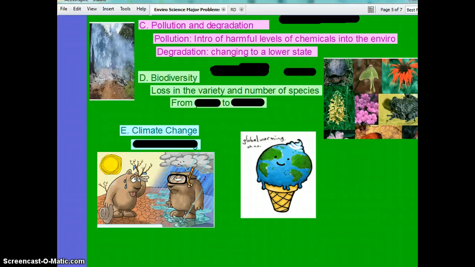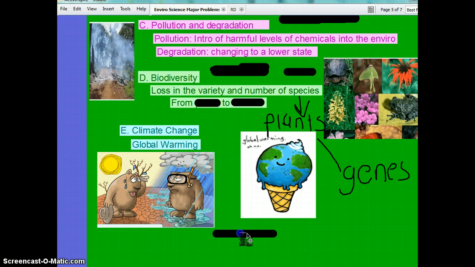Not just species, but what else? Plants. Plants are a species. It's not just animals, it's also plants. It's also genetics, genes. That's going to be a big topic we're going to talk about. They're genetically modifying things, so we're losing diversity of genes, and that's a problem in the long run.